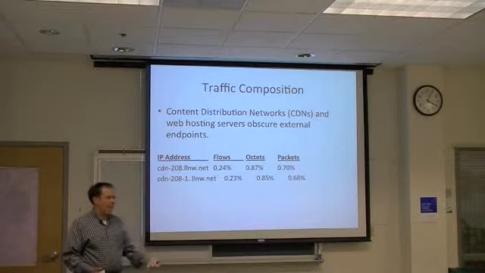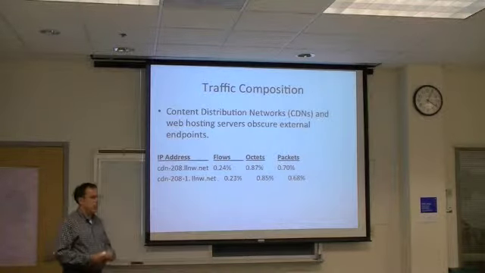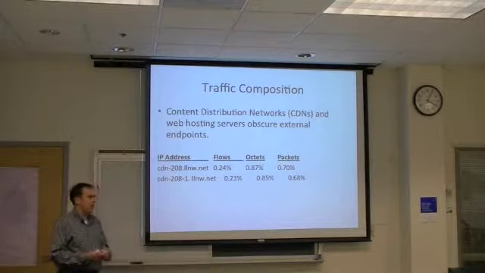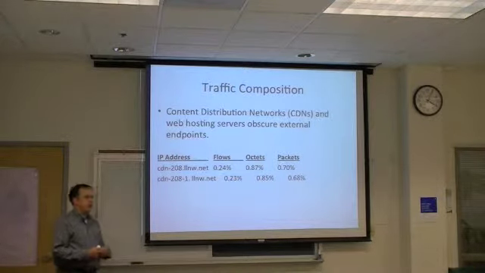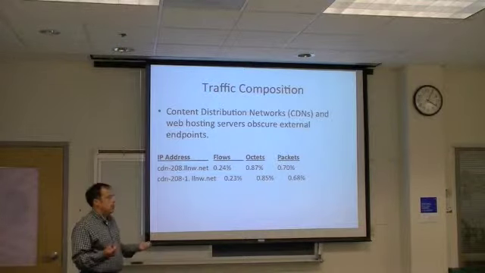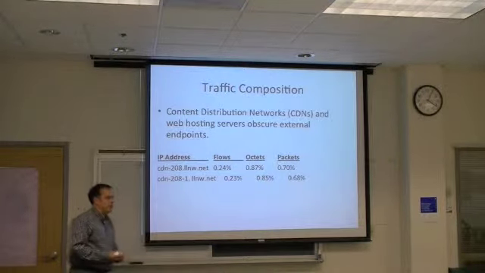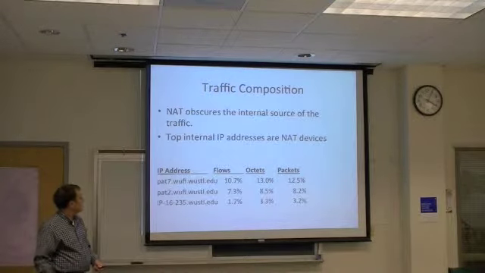There's Limelight, there's Akamai, there are all these content distribution networks. We have no idea what this is. There's no way to tell. It could be anybody who's paid Limelight to push their content. Also, hosting servers: you could have 100 sites hosted on a single IP address, and there's no way of telling what site someone's hitting. So you have no idea what's going on looking at this.